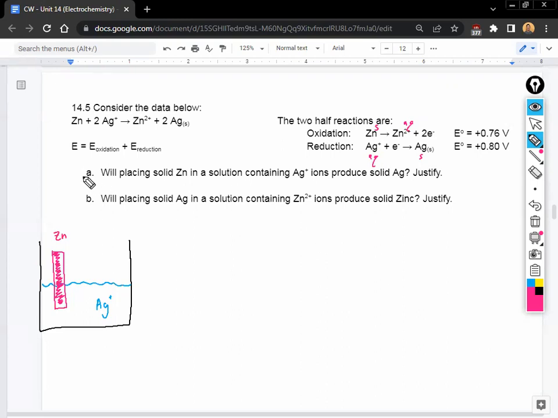That's part A. I'm going to give you about a minute to think about that, and I want you to write an explanation as well. If you feel comfortable, you can do part B, which is basically the opposite. If you put a piece of solid silver in a solution containing zinc ions, will it produce solid zinc? Take about 2 minutes. Make sure you write your justifications, and then after that, we'll go over it.